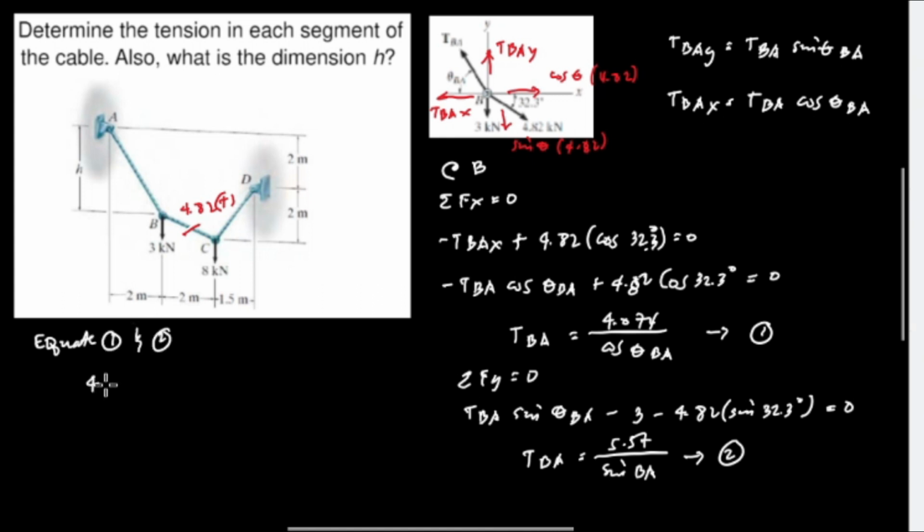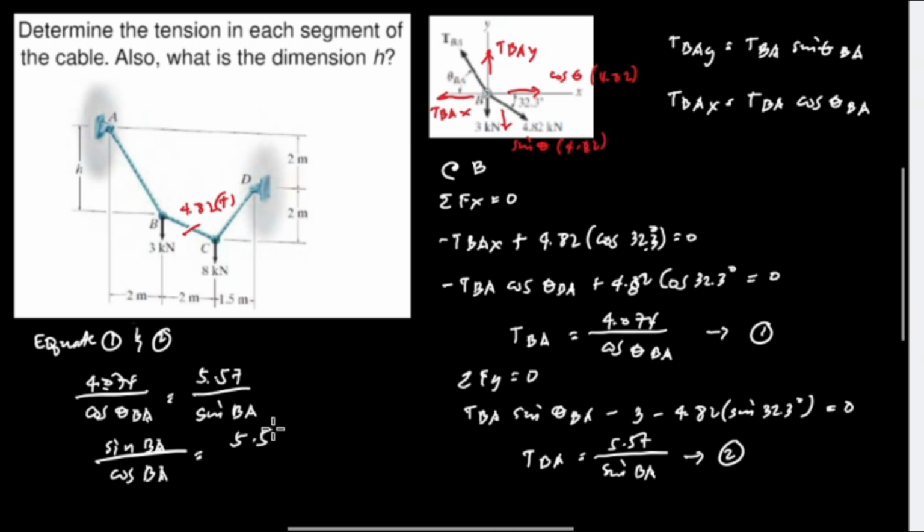So that's 4.074 divided by cosine theta BA is equal to 5.57 divided by sine theta BA. And simplify: sine BA all over cosine BA is equal to 5.57 divided by 4.074.